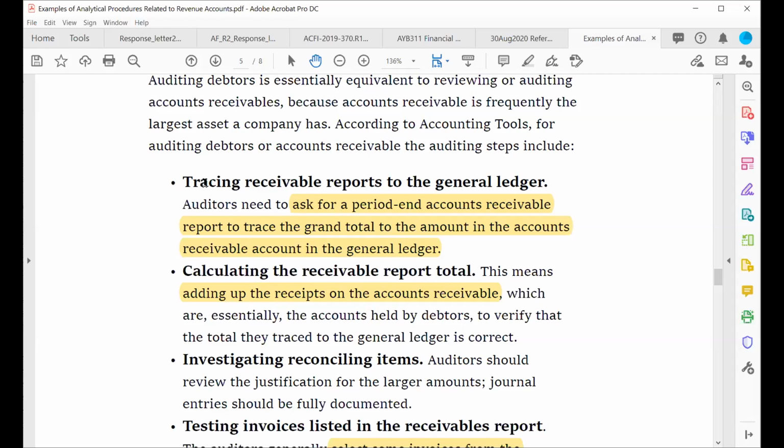First, we need to trace the receivable reports to the general ledger, to ensure the total amount of the receivables has been recorded, for the completeness purpose. We also need to calculate the receivables on the receivable report, and then match to the accounts receivable total. In this way, we are checking the mathematical accuracy.